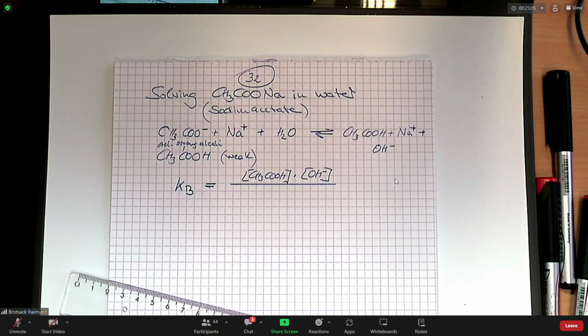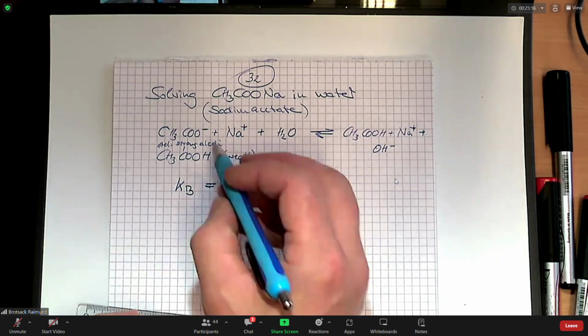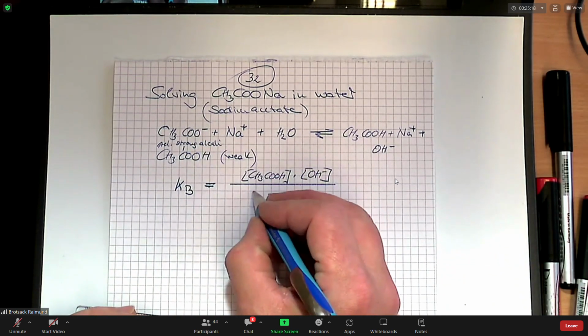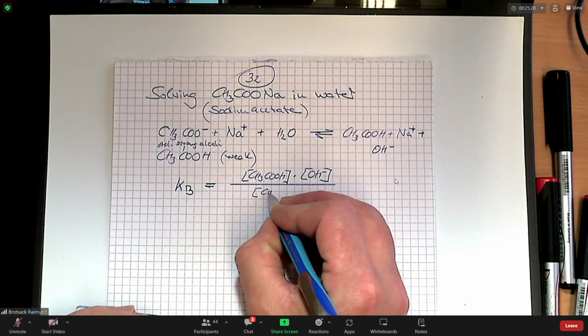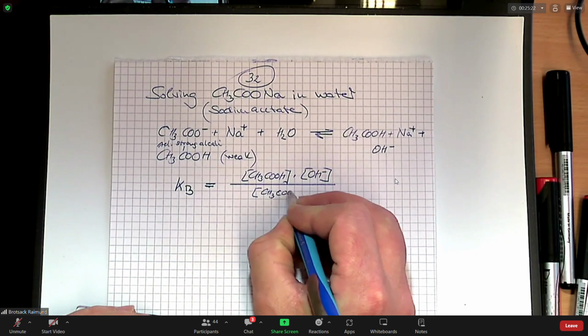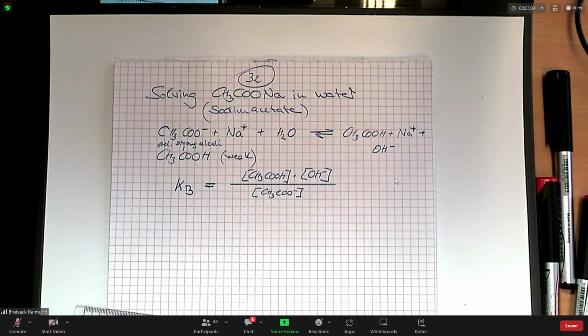We have them on the right and on the left, and they are not interfering with the pH. So we don't need them for the Kb. But we need the concentration of the acetic anion. The water, again, is not to be considered because it's a fixed number.